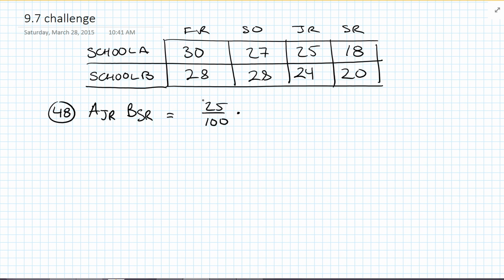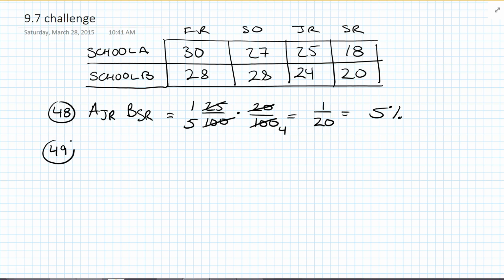The probability of a B senior would be 20 over 100. So you're going to multiply those. Well, 20 goes into 100 5 times. 25 goes into 100 4 times. So the probability of getting a School A junior and a School B senior would be 1 over 20, which would be 5%.